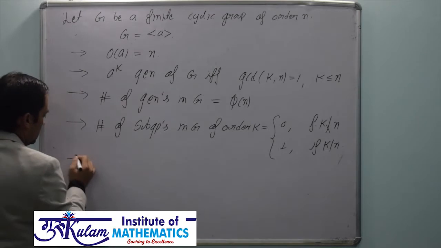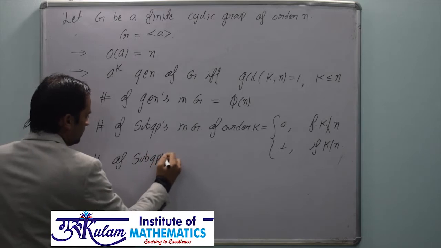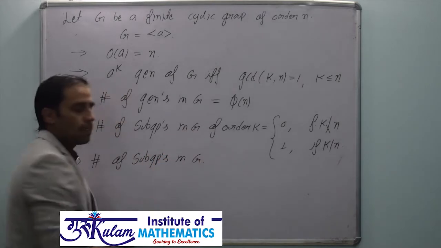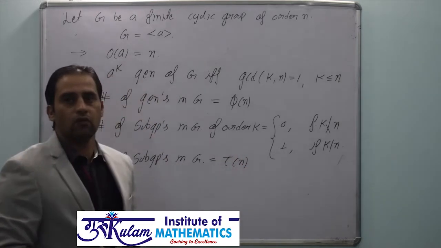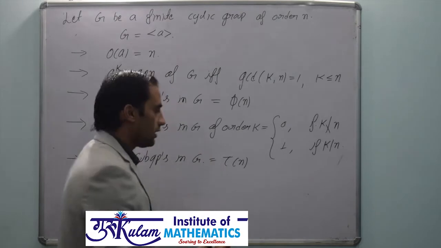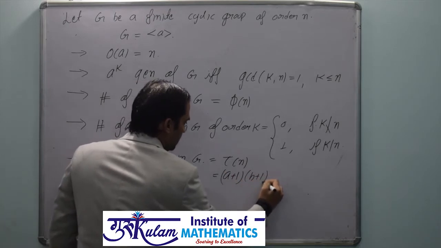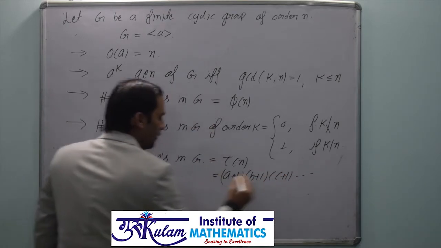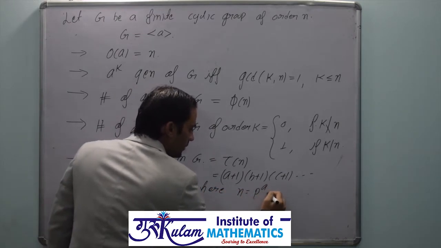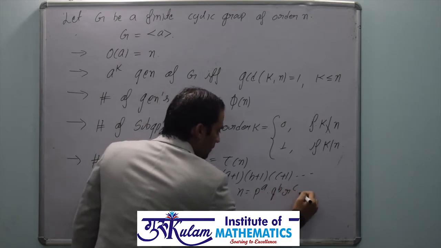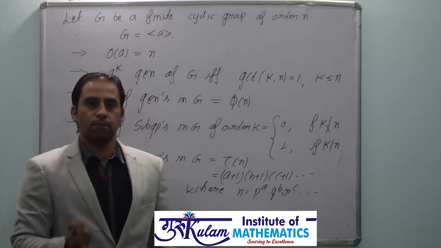The next property is the total number of subgroups. So the number of subgroups in G is exactly tau of n, where tau of n is the number of positive divisors of n, which is given by a plus 1 into b plus 1 into c plus 1 and so on, where n is again p to the power a, q to the power b, r to the power c, and so on. a, b, c are natural numbers and p, q, r are the distinct prime divisors of n.